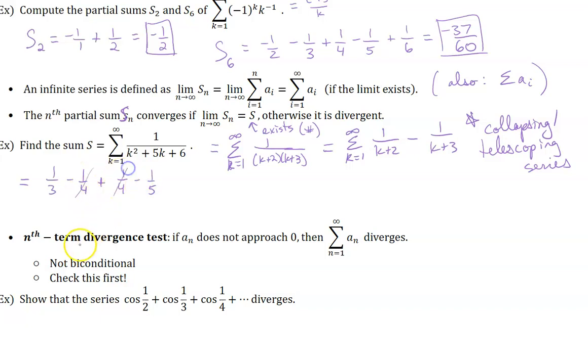Already we can see something's going to cancel, plus 1 over 5 minus 1 over 6, plus 1 over 6 minus 1 over 7. We see this pattern where the second half of each term is canceling with the first half of the next term. That doesn't mean that we can find the sum yet, but that does mean that we can observe a pattern.